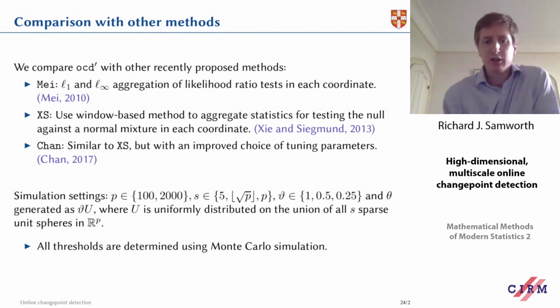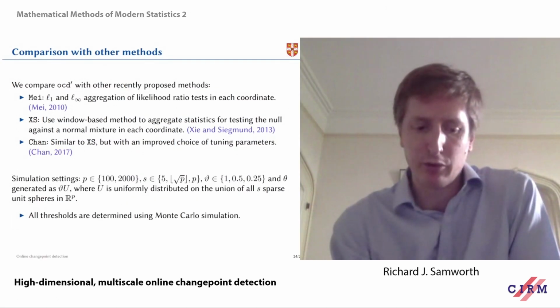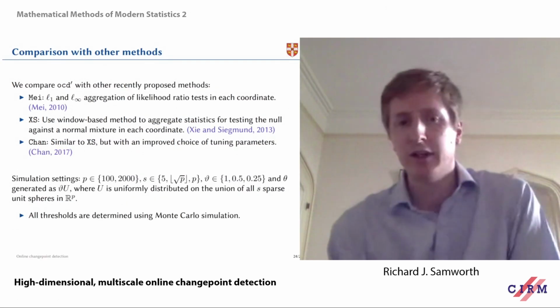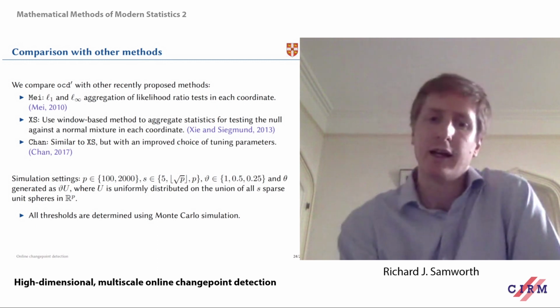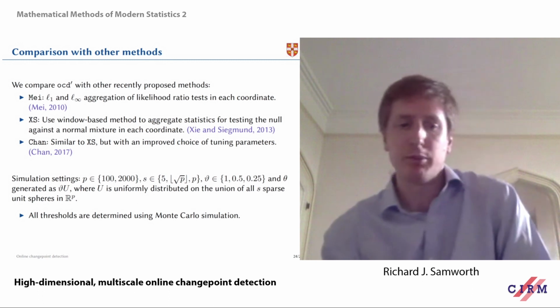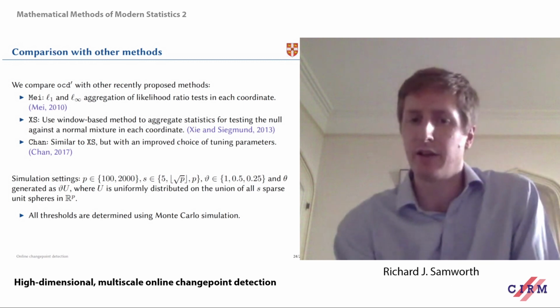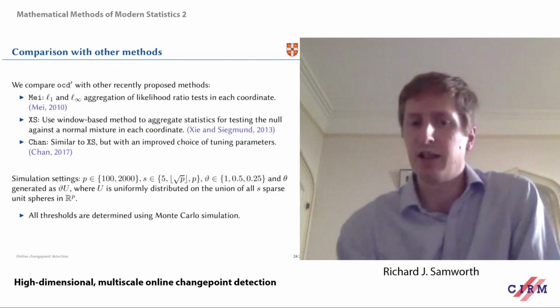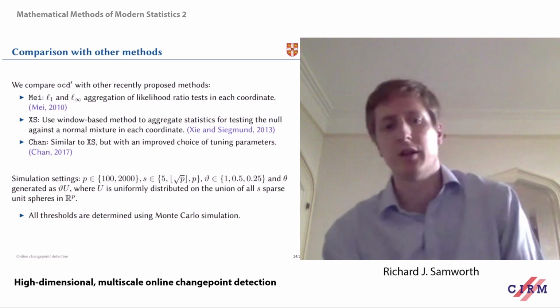Okay, a practical issue is that the choices of thresholds that I mentioned before that give us our theoretical guarantees turn out to be a little bit conservative in practice. There are bounds involved, but what you can do is to compute them using Monte Carlo simulation, because we just need to generate data under the null and see how long it takes for these statistics to exceed various thresholds.